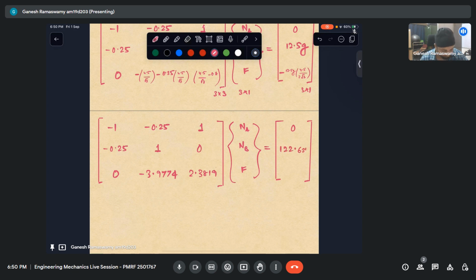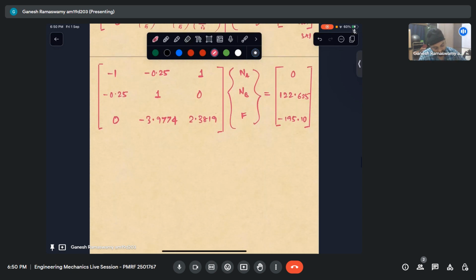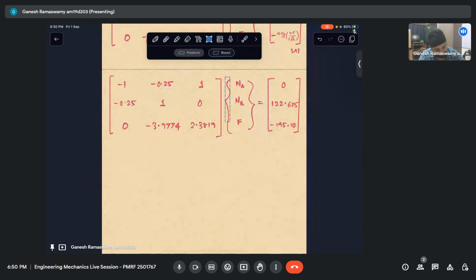And then the third value is minus 195.0, or rather 10. Okay, so now it is just a matter of matrix inversion. So what will this come out to be?